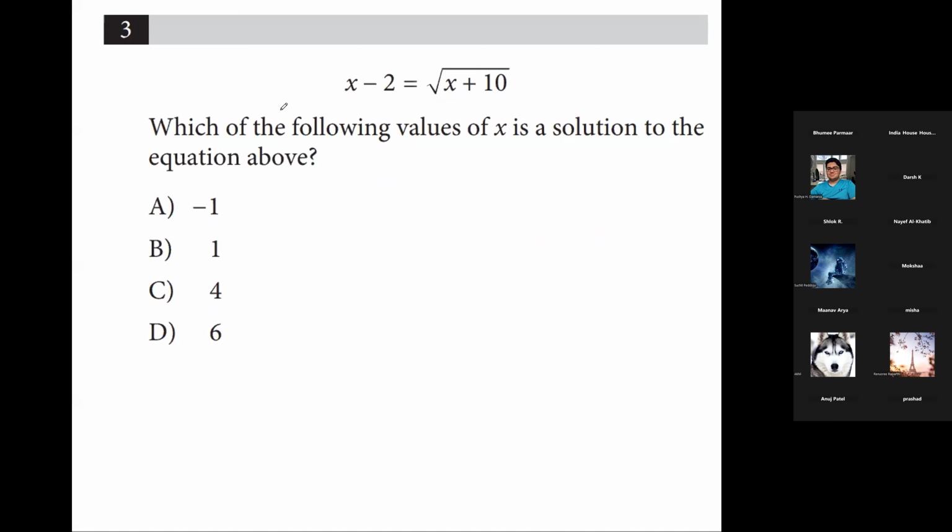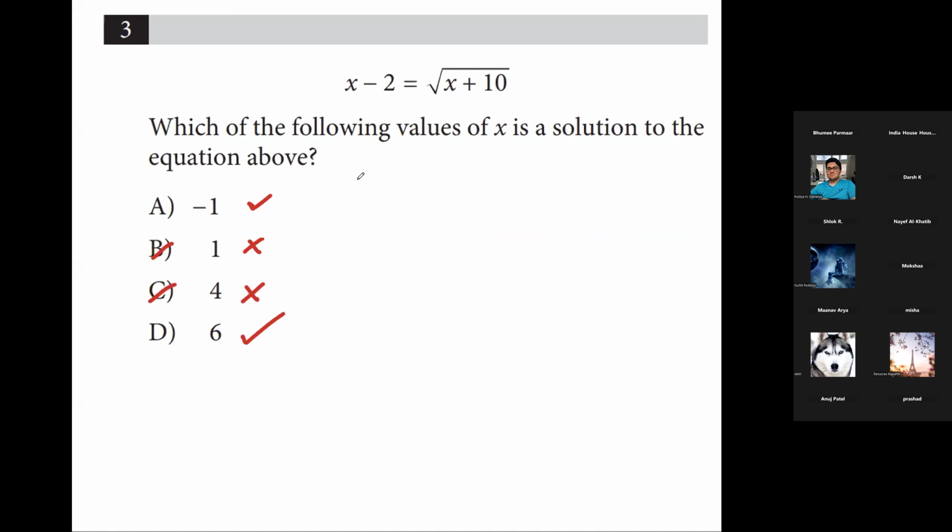A simple way to do this is first of all, no matter if you plug in an integer for x on the left, the right side has to always be an integer, either positive or negative. So that means this has to be a perfect square. If we plug in -1, we would get √9. That could potentially be true. If we plug in 1, we would get √11. That can never be an integer. √14 can't be an integer, and √16 can be an integer. So now we just have to check A and D.